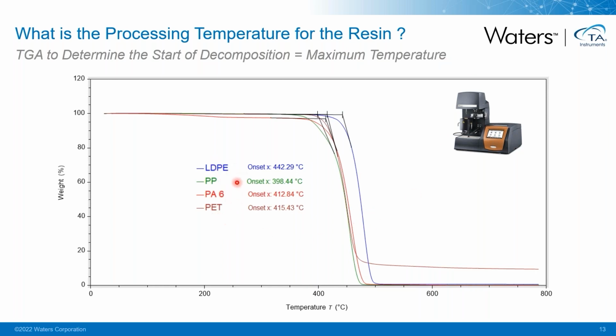You can now see that there are not too many differences in those different polymers. The polyprop is the one that is decomposing at a slightly lower temperature, a little bit below 400 degrees, while the LDPE is more stable. It only starts decomposing around 440 degrees.